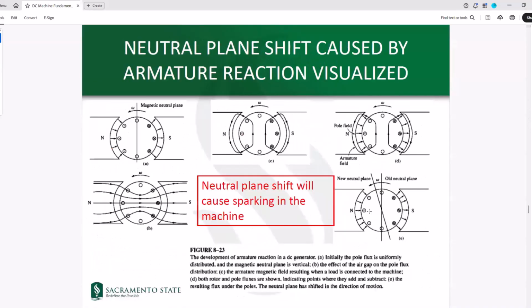But due to this neutral plane shift, at that point, when we're supposed to see zero voltage, we're not seeing zero voltage. So overall, you would have some voltage on the brushes at that point, and that abrupt change causes the sparking in the machine. What would be the effect of the neutral plane shift caused by the armature?